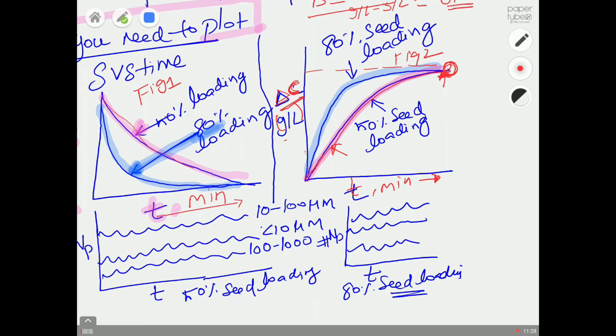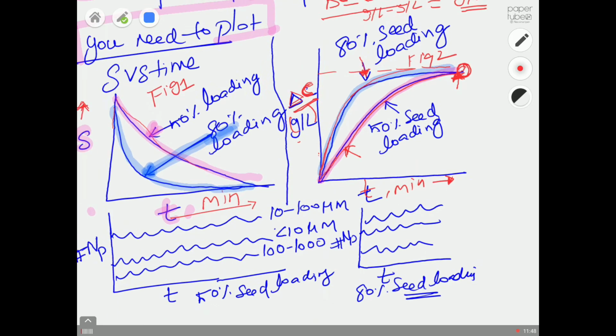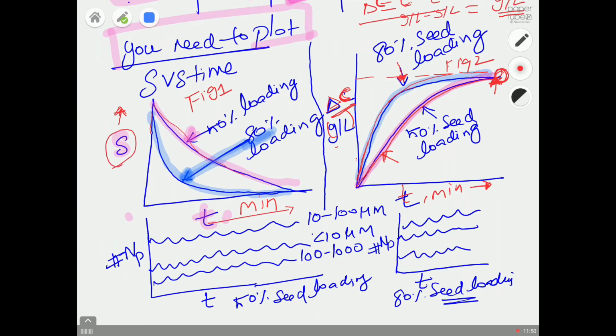But when you compare it with the 80% loading, you see the amount of mass that we crystallize in that 1 liter of solvent increases even faster. So that's the benefit of using higher seed loading. And it's the same if you come to this type of graph, supersaturation versus time.